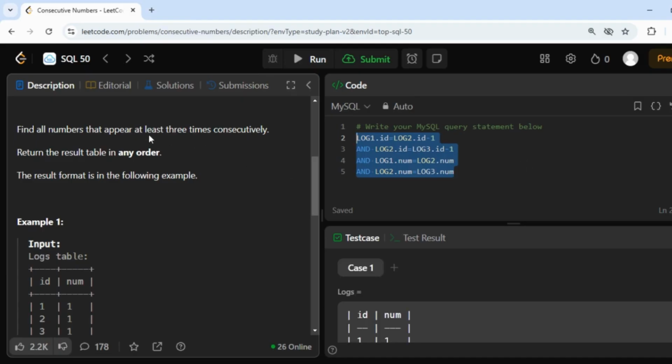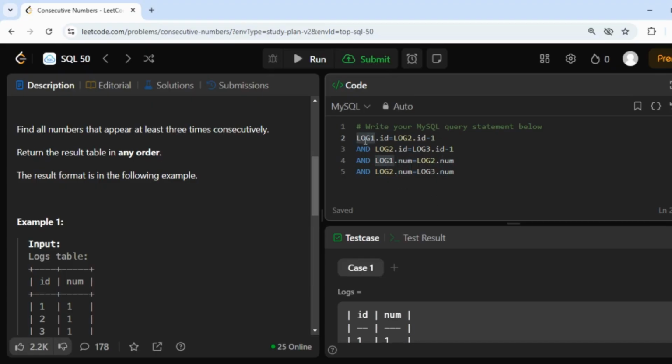Here it is three, so I consider only three tables. In this logic it takes the num values of IDs 1, 2 and 3, and similarly it will go for 2, 3, 4, then 3, 4, 5, and in that manner it will run.